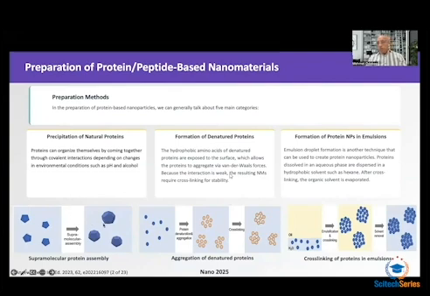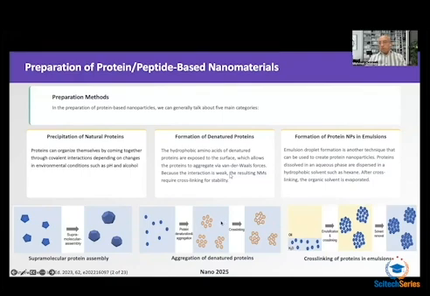Here, protein molecules are precipitated by changing environmental conditions such as alcohol and pH, and stabilized with the help of crosslinkers after forming of nanoparticles.